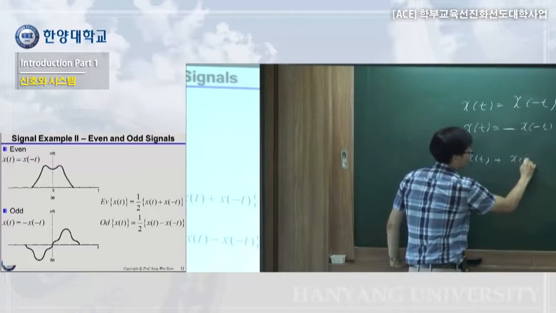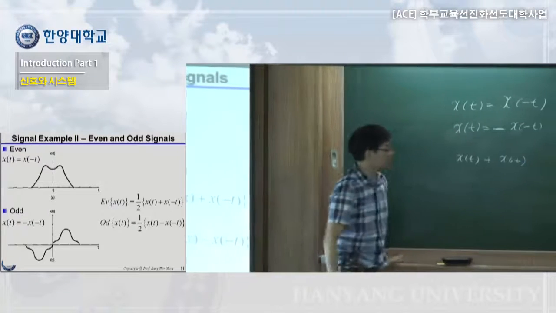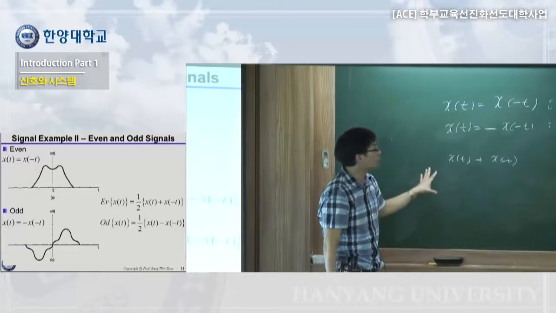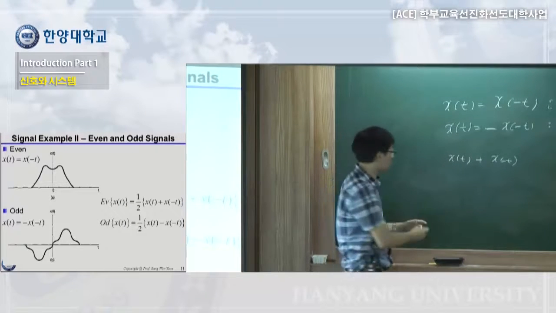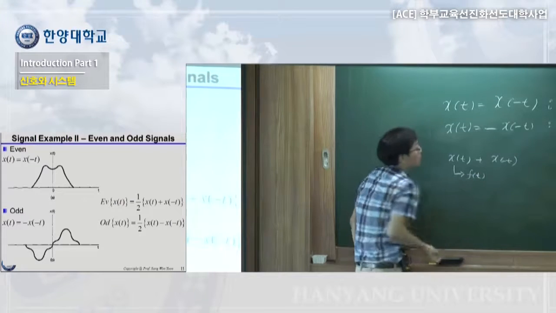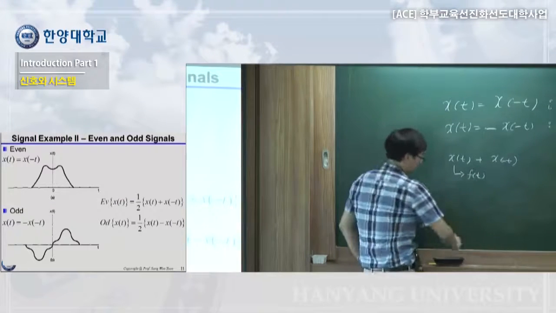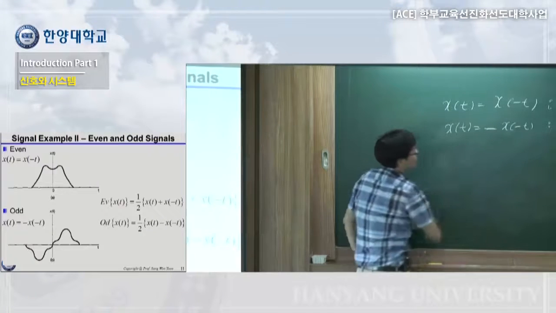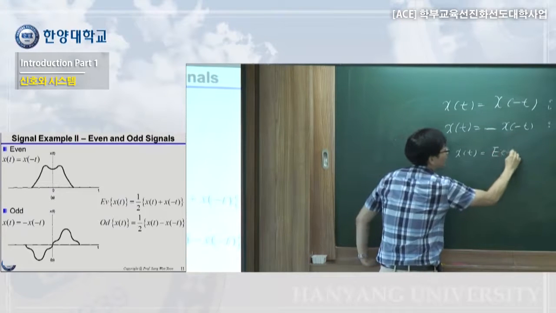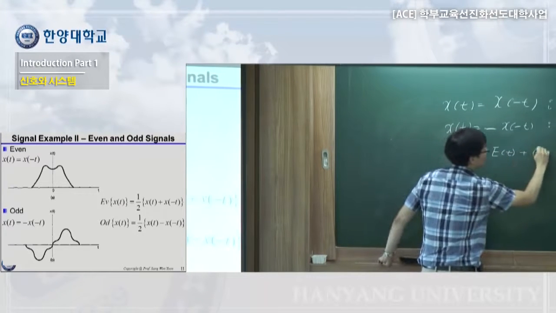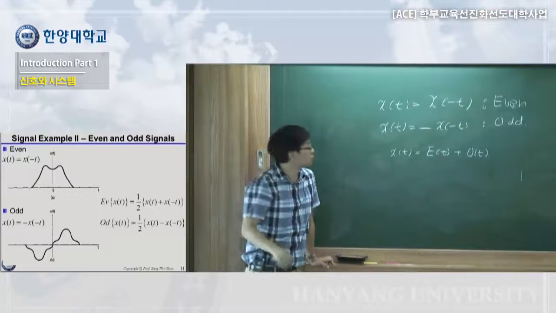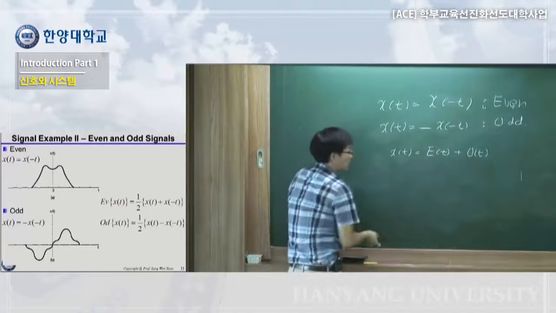Assume that this one has some even part plus some odd part. It always happens; sometimes they are mixed together. How can we find this even part and odd part?